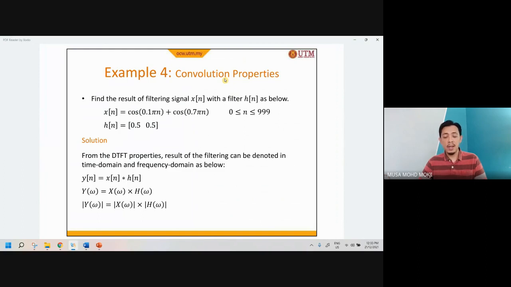If you have an IIR, you cannot implement convolution because a convolution needs a finite number of terms. So if you have an IIR, infinite impulse response, you should solve it using the original difference equation.